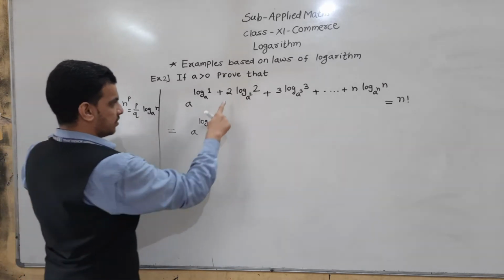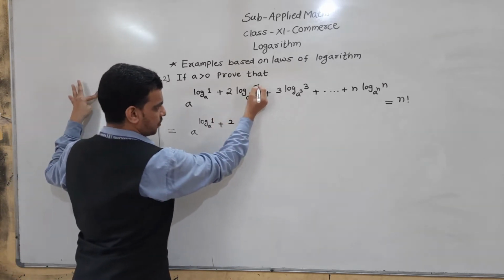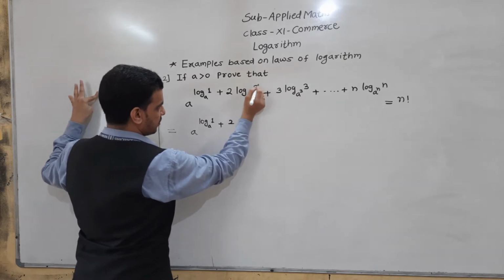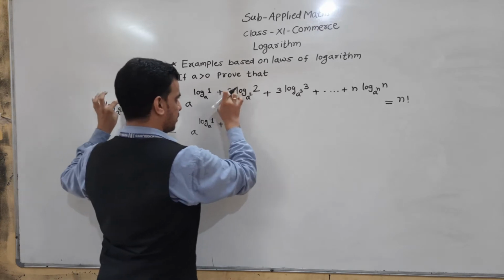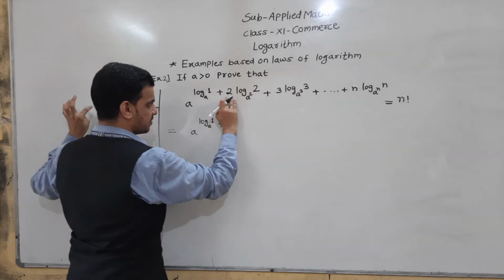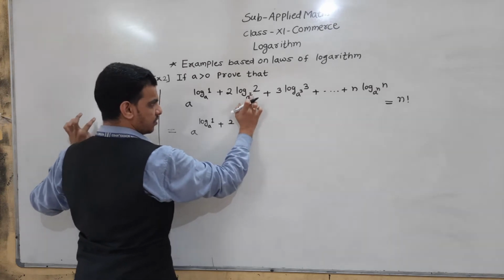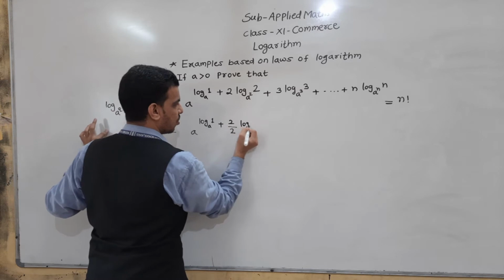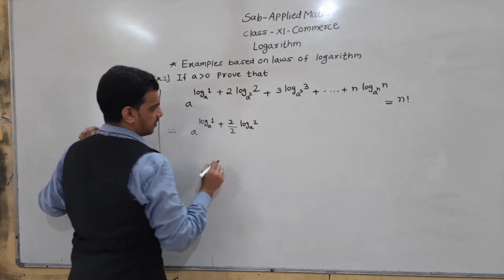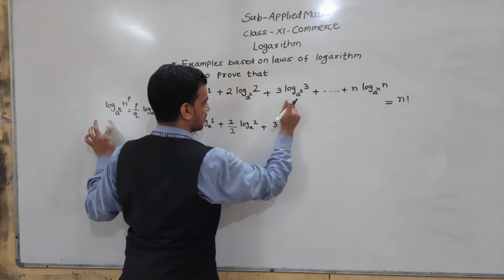Now this 2 we have to keep as it is. Here the power of the argument 2 is 1, so this 2 remains as it is in the numerator. The power of the base, that is 2, comes in the denominator. So 2 upon 2 log of 2 to the base a, plus similarly this 3 keep as it is.